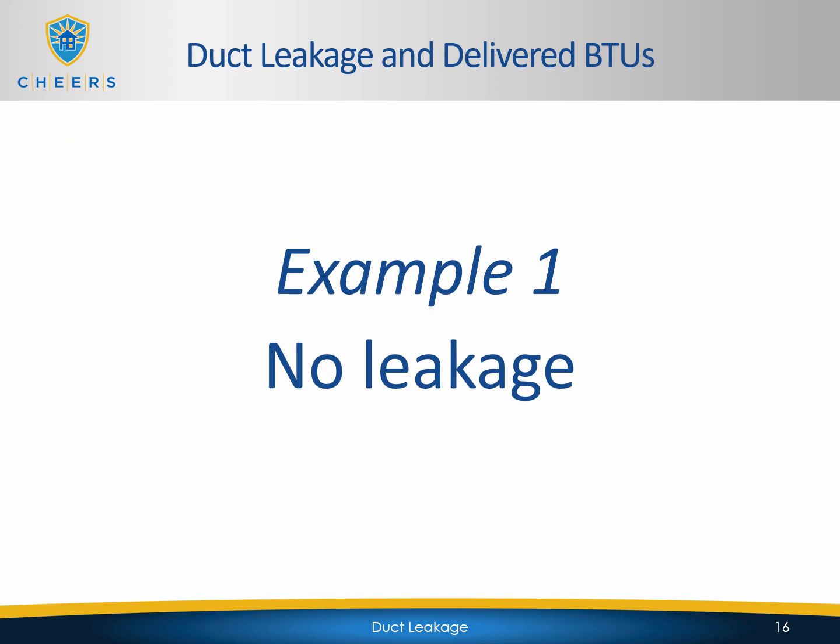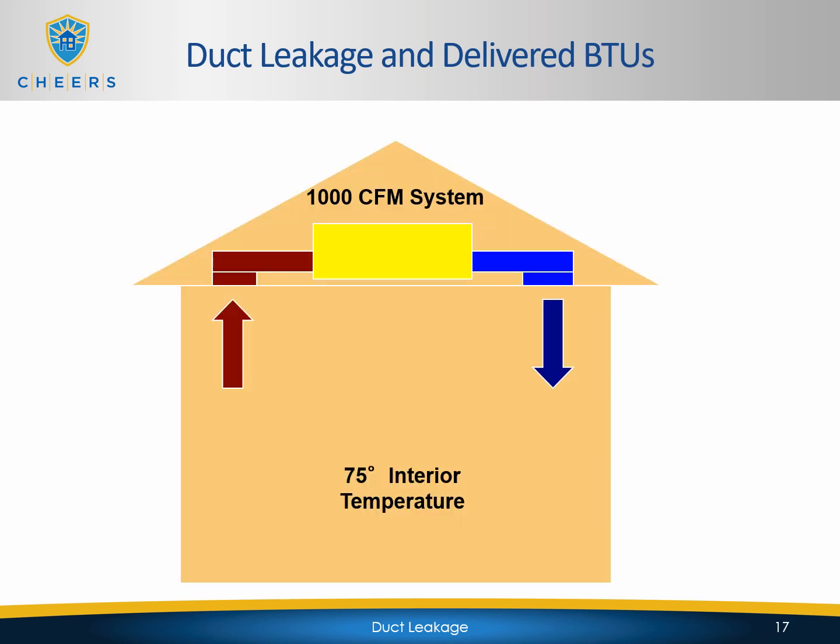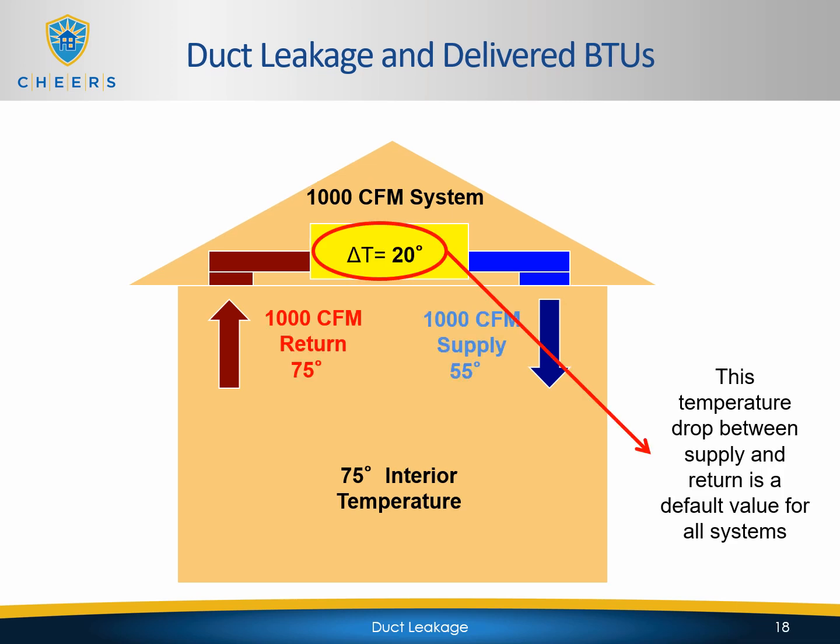In our first example, we're going to see a system that has no leakage. We have 75 degrees interior temperature, and we have a system that operates at 1000 CFMs. Because there is no leakage, you're going to have 1000 CFMs being pulled into the return and 1000 CFMs being supplied through the supply side. Now the delta T is 20 degrees. Please note that this temperature drop between supply and return is a default value for all systems. That is just an industry default.